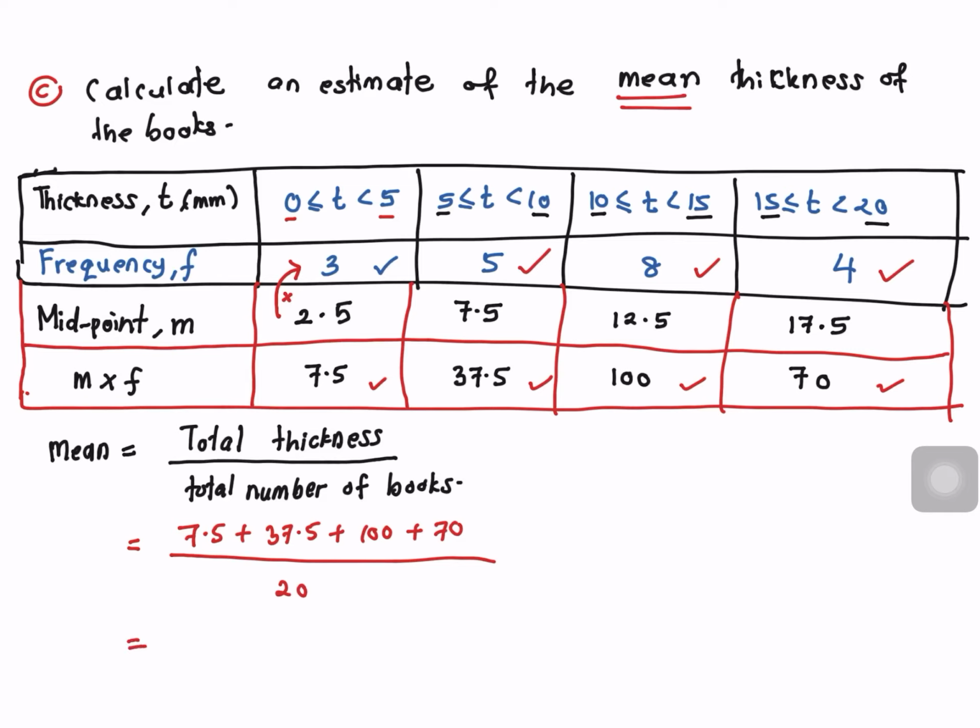Alright, okay, then it will be equal to 215 divided by 20, sorry, 20. So it's equal to 10.75 millimeters. Okay, so this is the answer for the mean.